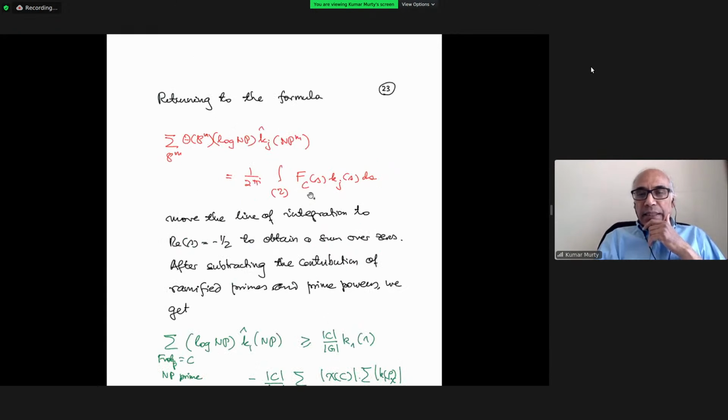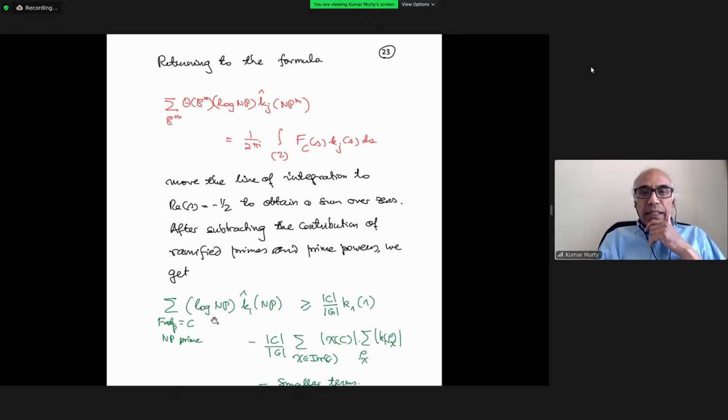When you take this integral and move it to the left, this term, which is basically what I wrote down here, log Np times K1 hat of Np, where I'm only going over primes of the Frobenius of C, is equal to this thing. And now when I move this line of integration to the left, I'll pick up a pole at s equals 1 with this residue. And then I'll pick up a term involving zeros.